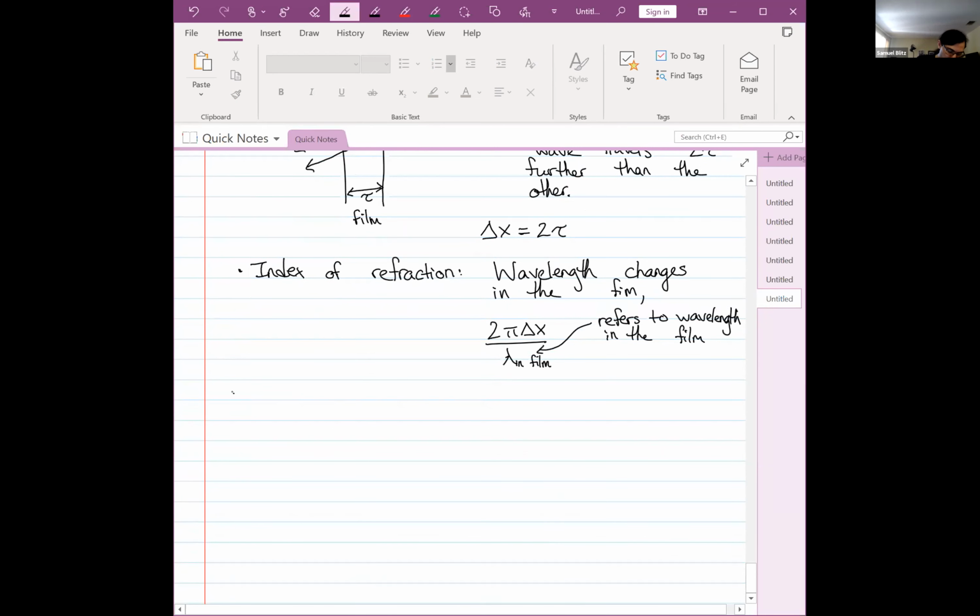The third effect is perhaps the trickiest one to grasp, and that's that there are phase changes from reflections. Just as a reminder, when a wave reflects off of a slow medium, remember the thin string and the thick string?